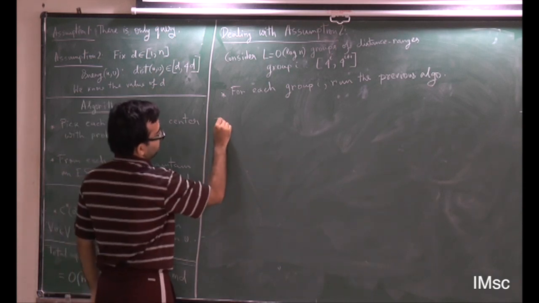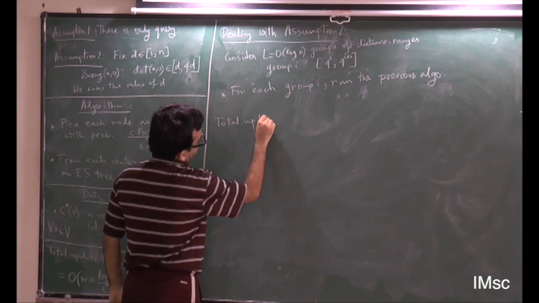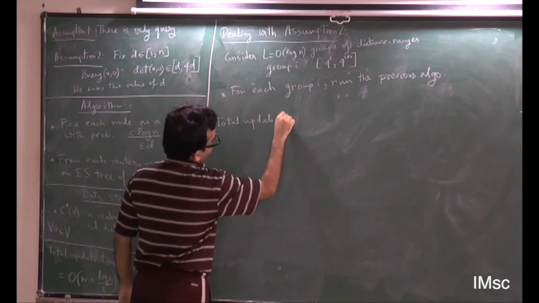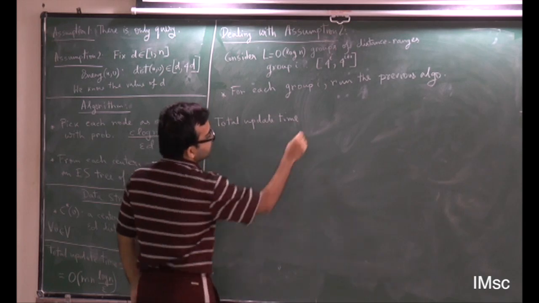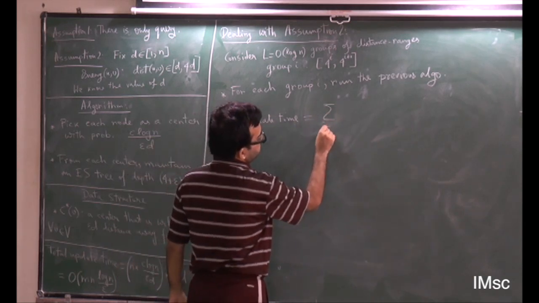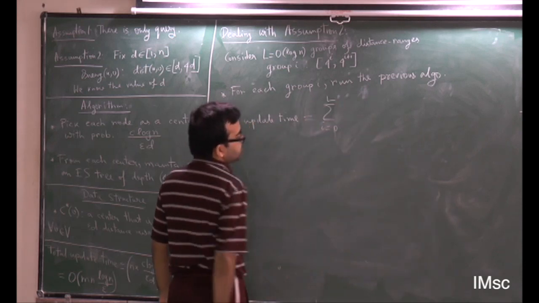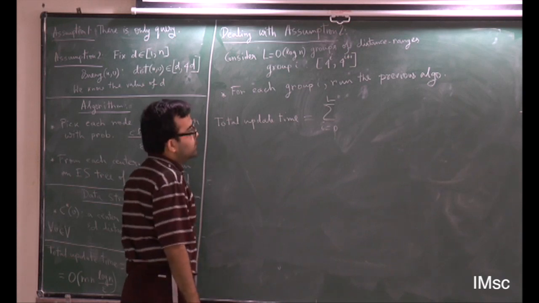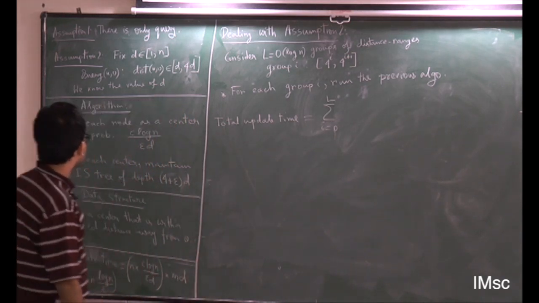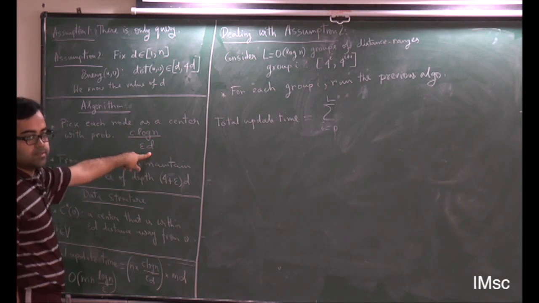So, total update time. Let us just consider the update time for group I, then we can just sum over I, right. Let us say I equal to 0 to L. Okay. So, what is the update time for group I? You can just replace D here by 4 to the power I, that is it, right.